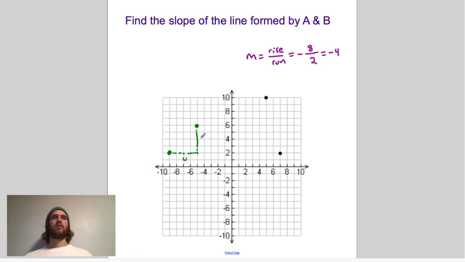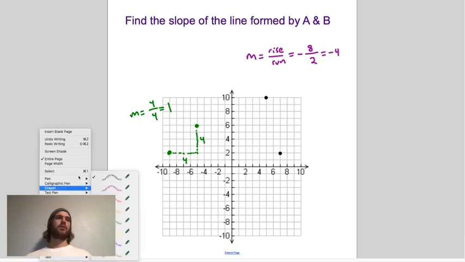So I go over 4, and up 4. As I go from left to right, it's going uphill, so it'll be positive. And we put 4 and 4 to give us the slope of 1. Great. And then one more.